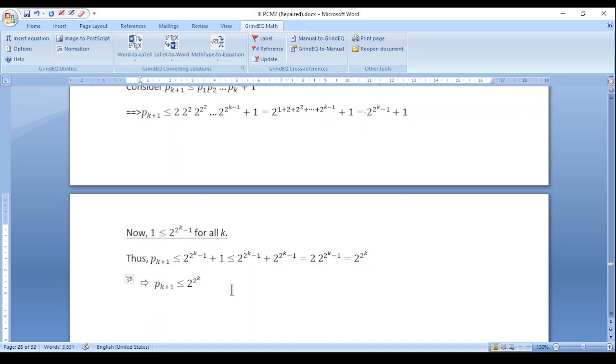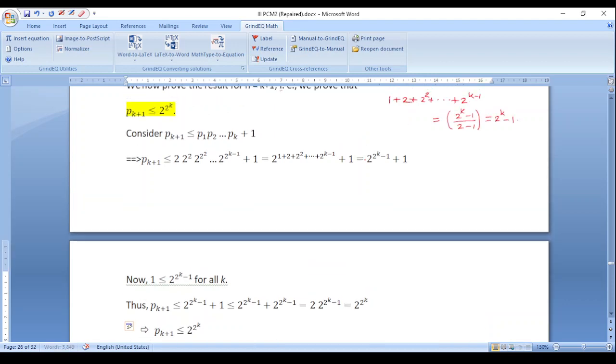So now I can say that therefore the result is proved for n equals k plus 1, and because it is proved for n equals k plus 1, and thus is true for all positive integral values of n, that completes proving the result as such. So effectively, what have we proved?